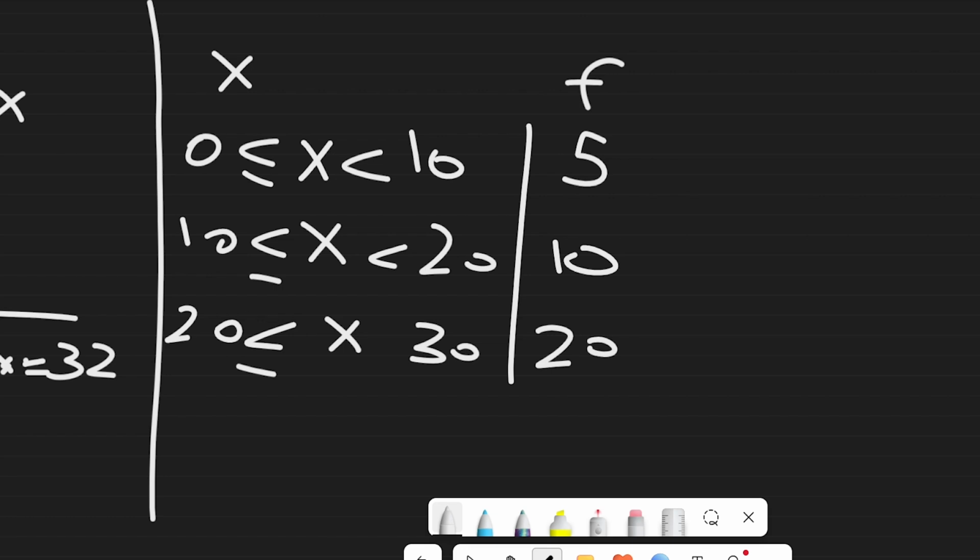So here we have a range of x, and the frequency of 5 could be anywhere between 0 and 10.